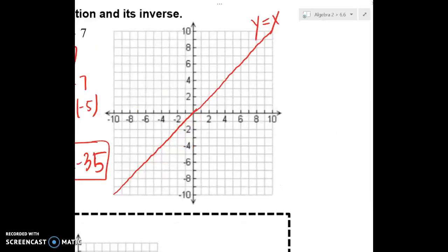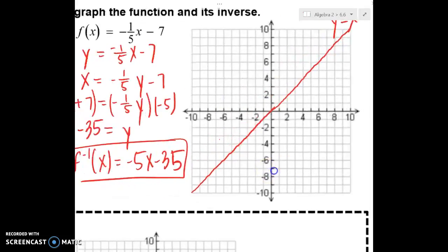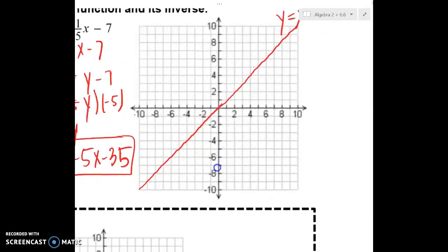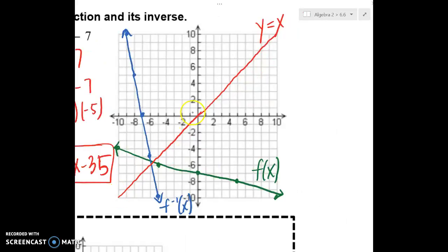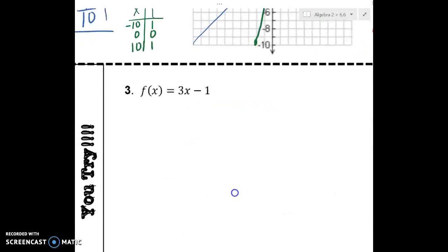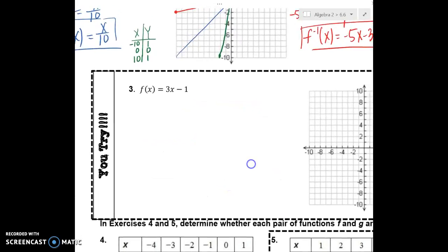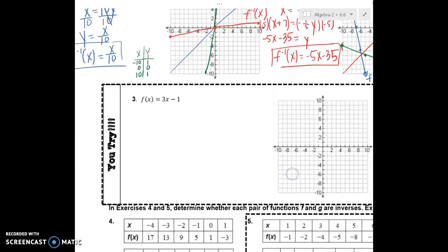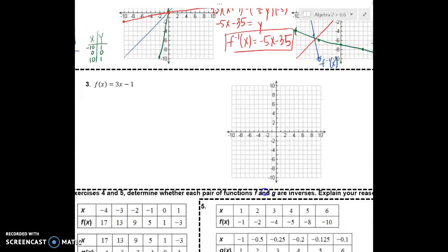First, draw that line of reflection. Now draw f of x, then f to the negative 1 of x. There goes the line of reflection, f of x, and its inverse. Now I want you to go ahead and try number 3 on your own. So go ahead and pause this video, work on it, and then press play.